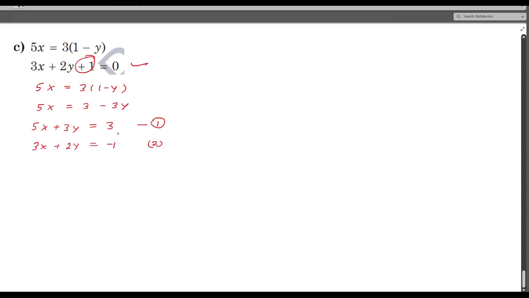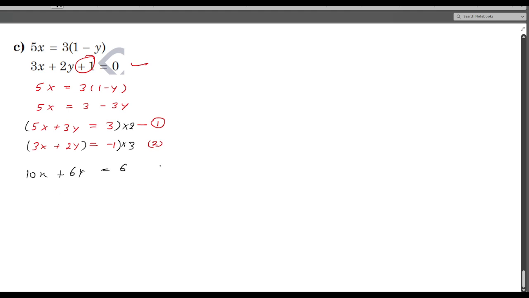Then I want to make the coefficient of any of the variables same. So if I multiply this equation with 2 and this whole equation with 3, the first equation will become 5 times 2 is 10x plus 3 times 2 is 6y is equal to 2 times 3 is 6.